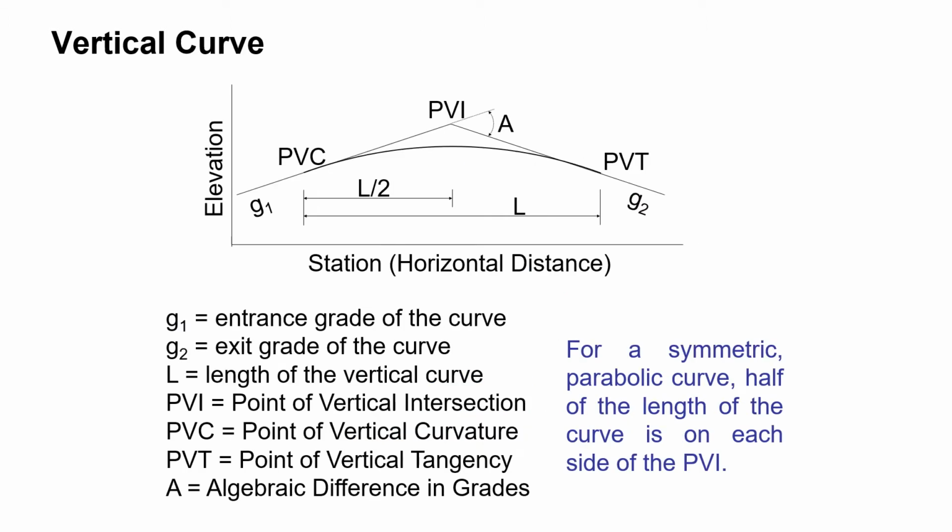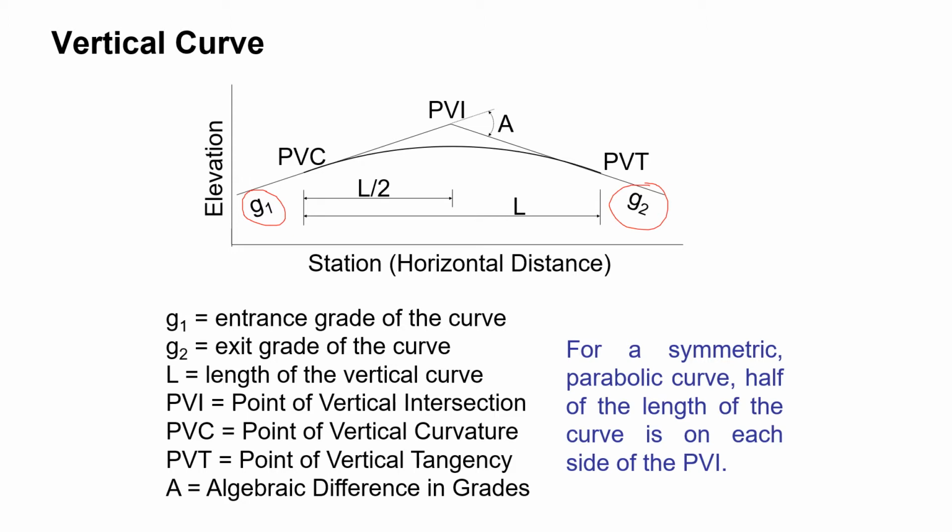Some of the key points of interest for our vertical curves. We've got our entrance grade G1 and our exit grade G2. Those are the straight portions of our vertical alignment, and this is where we transition from those grades to our simple parabolic curve.